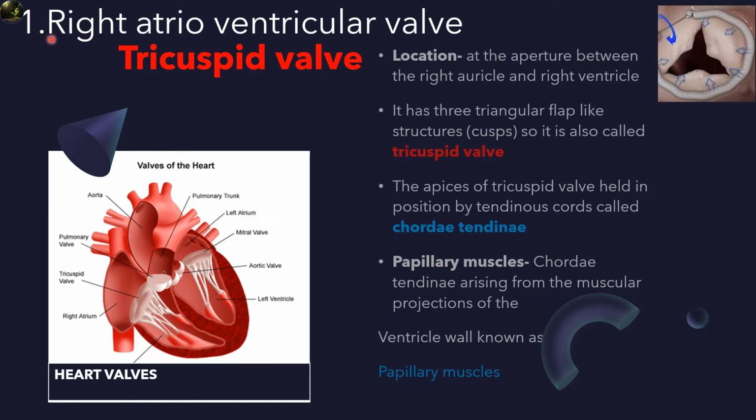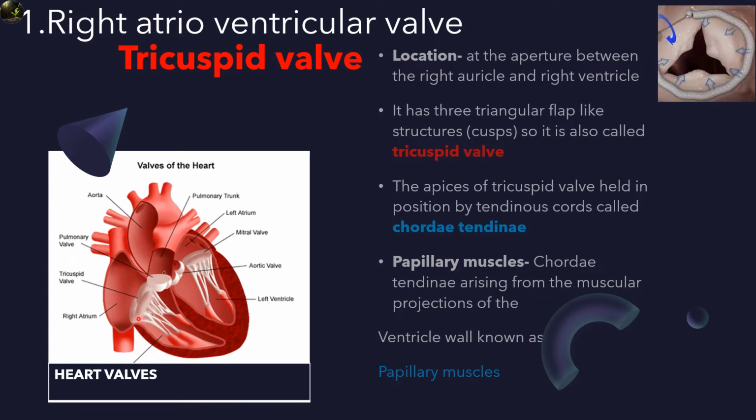That's why we call it the right atrioventricular valve. You can see here, this is the right side of the heart. Between the atrium and ventricle, a valve is present. That valve we call the right atrioventricular valve.